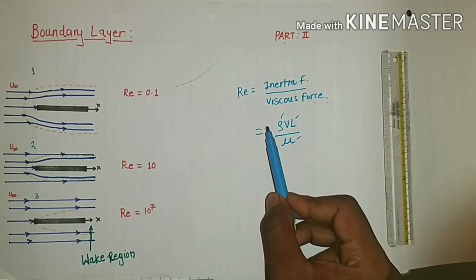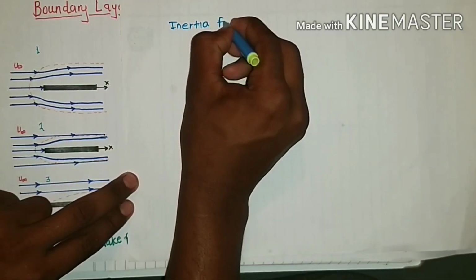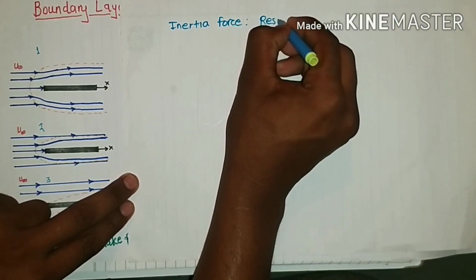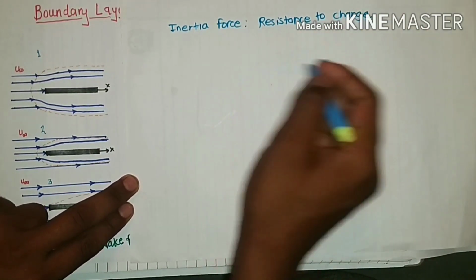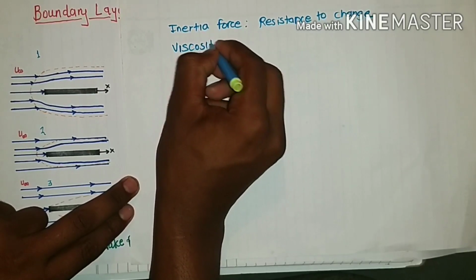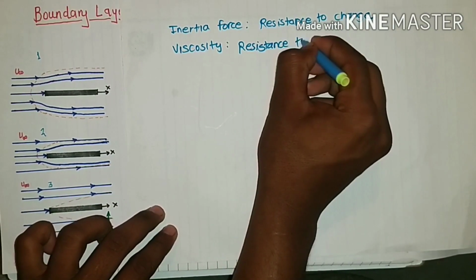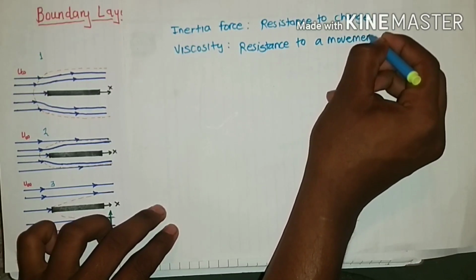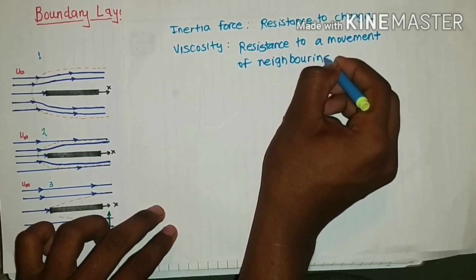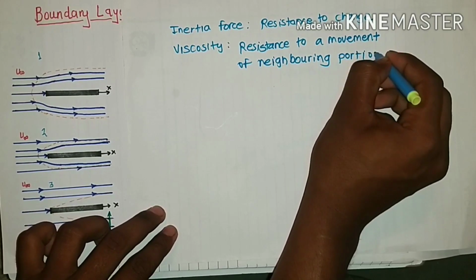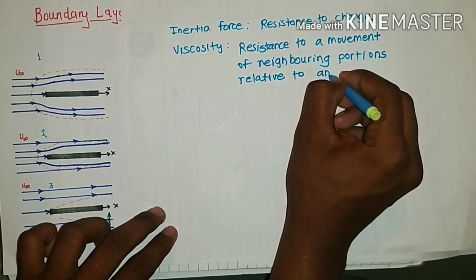Now, what is inertia force and viscosity? Inertia force is resistance to change, and viscosity is resistance to movement of neighboring portions due to one another.